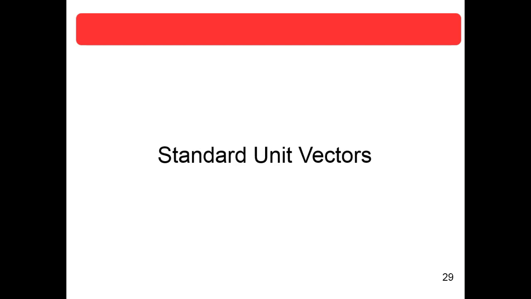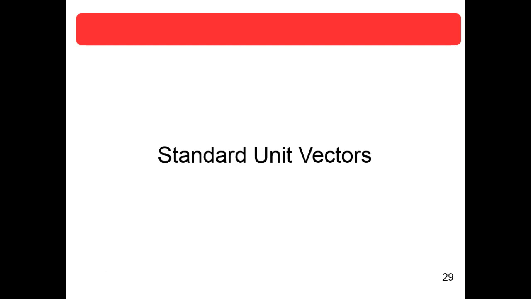What do you think they mean by that? Remember I said a unit vector in the plane is any vector that has length 1. Whichever way it's pointing, it all has length 1. Well, sure, we want to get a little less random unit vectors. In other words, standard unit vectors.